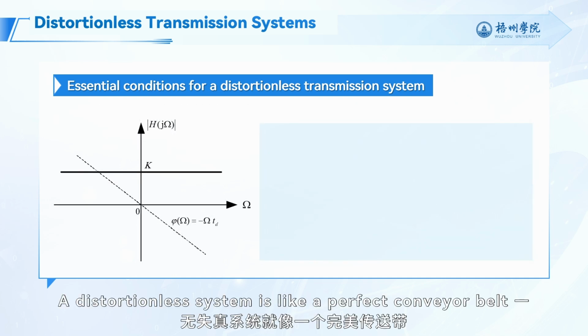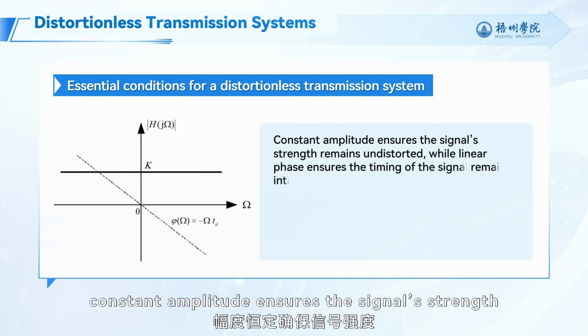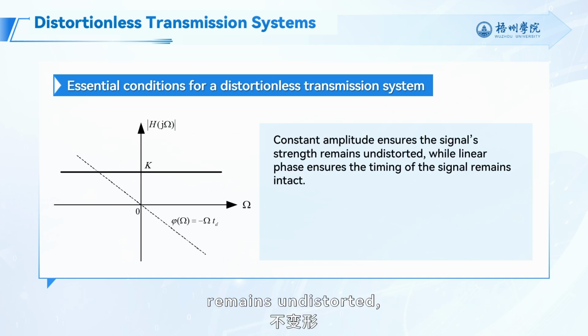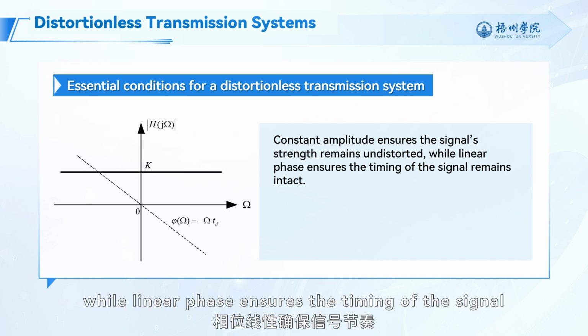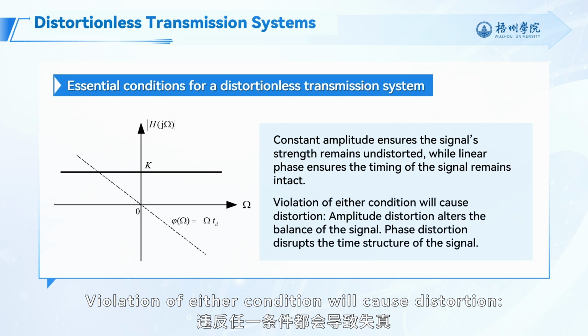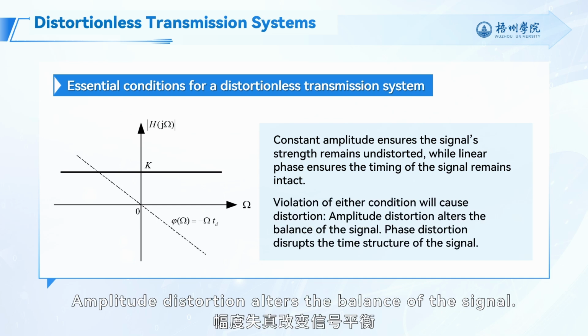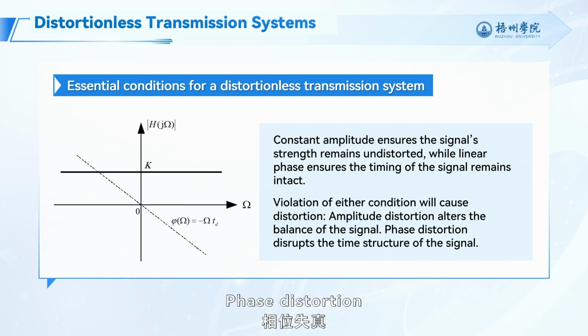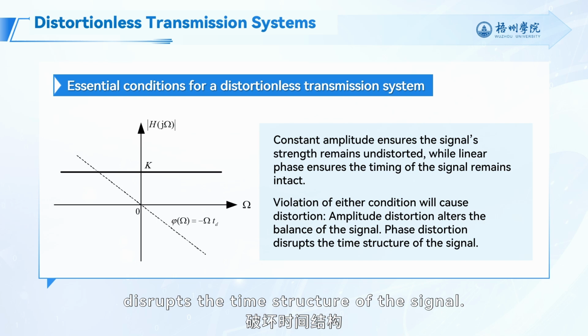Summary: a distortionless system is like a perfect conveyor belt. Constant amplitude ensures the signal strength remains undistorted, while linear phase ensures the timing of the signal remains intact. Violation of either condition will cause distortion. Amplitude distortion alters the balance of the signal. Phase distortion disrupts the time structure of the signal.